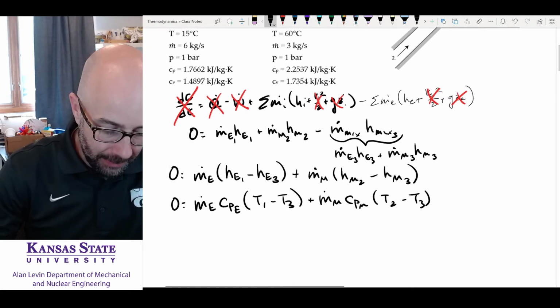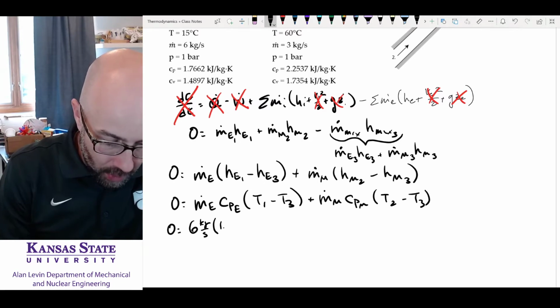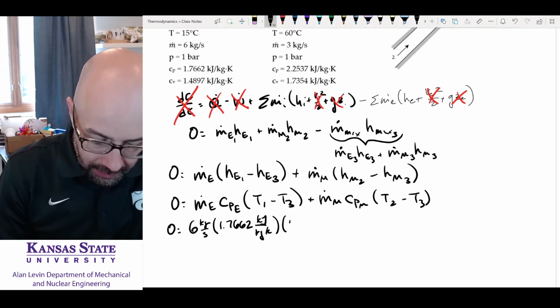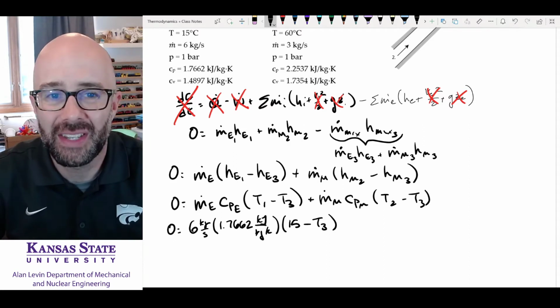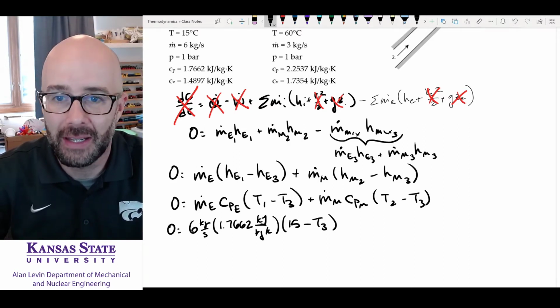So we're going to say 0 is equal to 6 kilograms per second times 1.7662 kilojoules per kilogram Kelvin times 15 minus T3. I can leave those in Celsius because a delta T is the same in Kelvin as it is in Celsius.